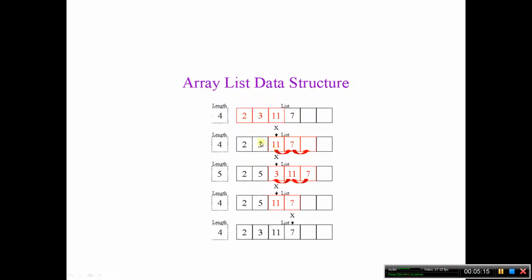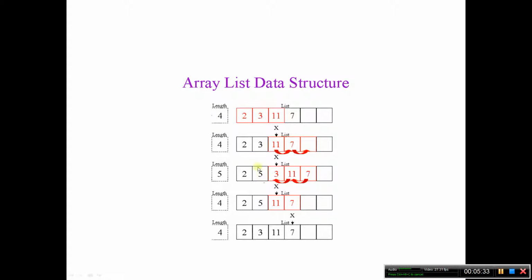So I should move 3 to the 11th position, 11 to the 7th position, 7 to the last. That means 7 will be moved to the next position, 11 will be moved to the 7th position, and 3 will be moved to the 11th position, so that the new element 5 will be inserted in the second position.